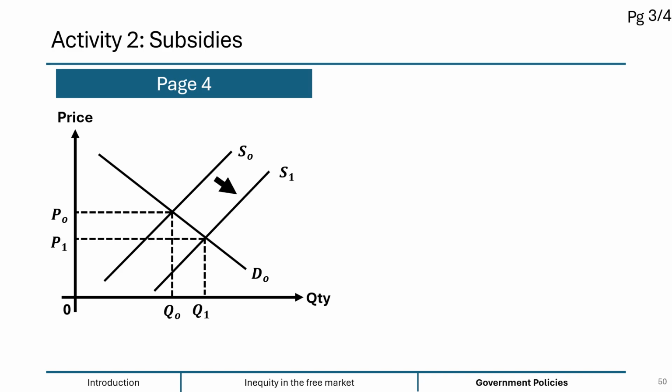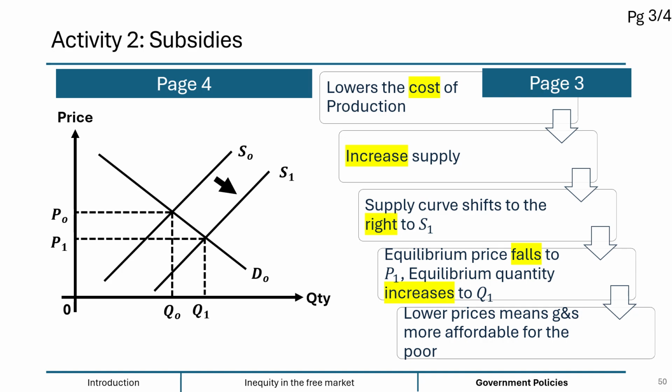Okay, it shifts to the right. I saw one hand there at the back. So it shifts to the right. On page 4, you copy down what happens to the diagram. After you're done copying what happens to the diagram, you flip to page 3 to fill in the blanks. Page 3 is the explanation.